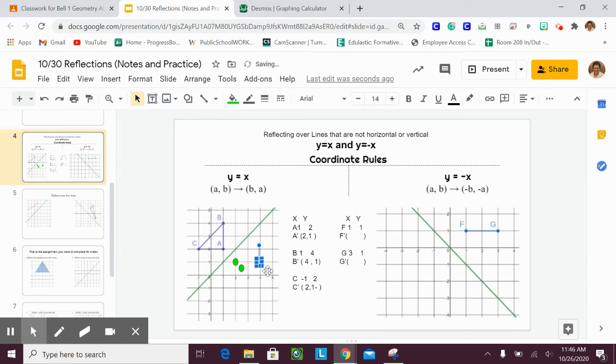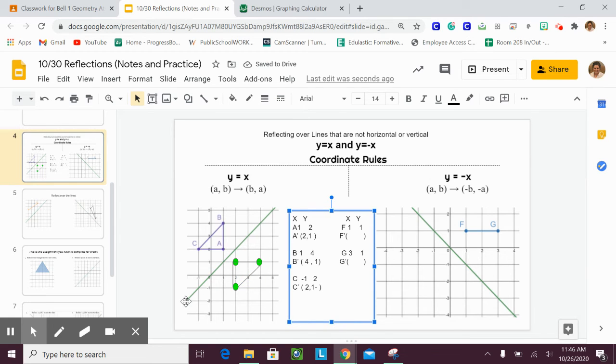So 4, 1 is right there. And C was at -1, 2. Now it's going to be at 2, -1. And there's my shape. Okay, it's flipped over, here to here. It's probably not going to look that pretty, but that's okay. So there's my new triangle.